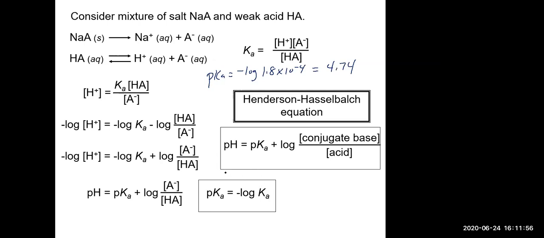Now we can put it into this equation. The pH would equal 4.74 plus the log. Our acid is the acetic acid, which was 0.2 in the previous problem, and our base was the sodium acetate, which was 0.3. So we want 0.3 divided by 0.2.